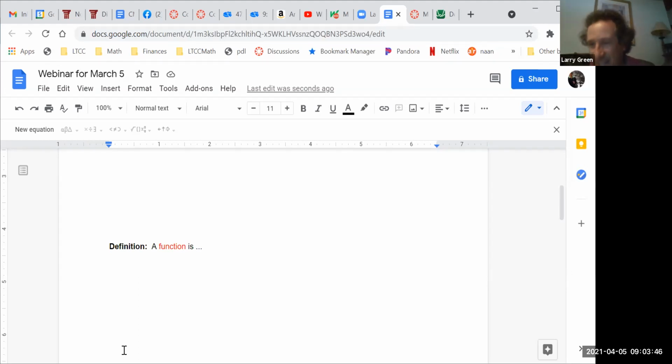Yeah, domain and range. Okay, so functions are much bigger, much more general than just put a number in, get a number out. So let me write down the definition of function. It's not just the two words domain and range, but it does have those two words in it.